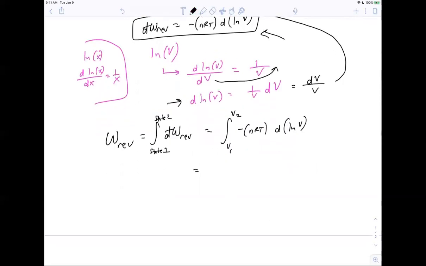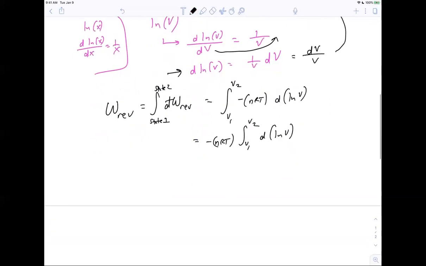And this is just going to equal minus nRT, because T is a constant and everything else is a constant, times the integral from V1 to V2 of d natural log V. But this is a very interesting and very simple integral, because you can think about this part as an analogy, just as the integral from x1 to x2 of dx.